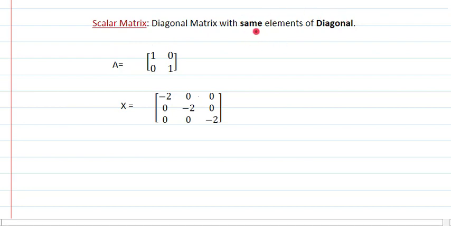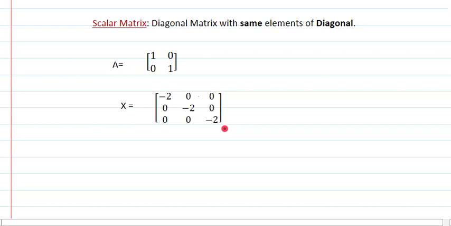Let us have an example. A is the scalar matrix because non-diagonal elements are 0 and diagonal elements are same, that is equal to 1. Similarly, X is also a scalar matrix because it is a diagonal matrix and all the elements of diagonal are same.